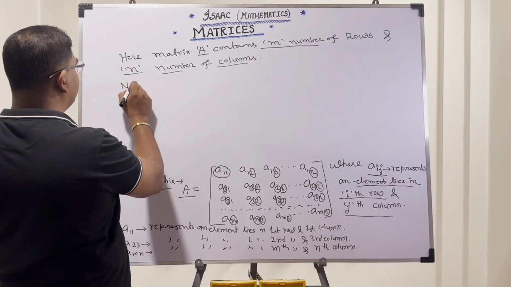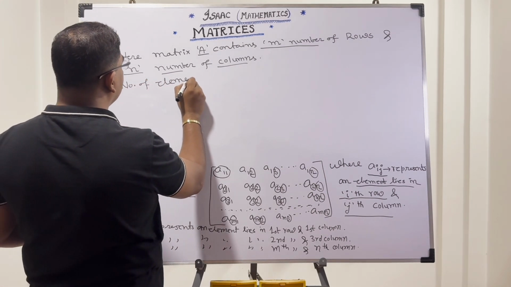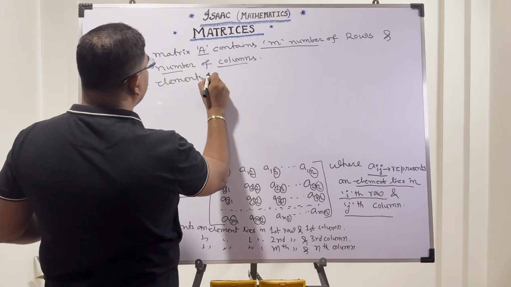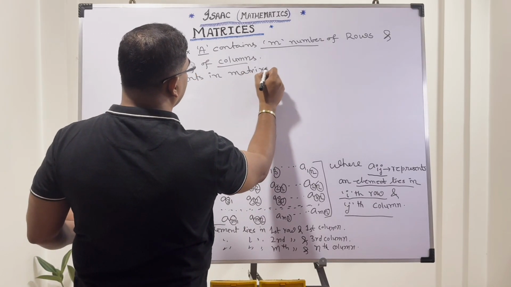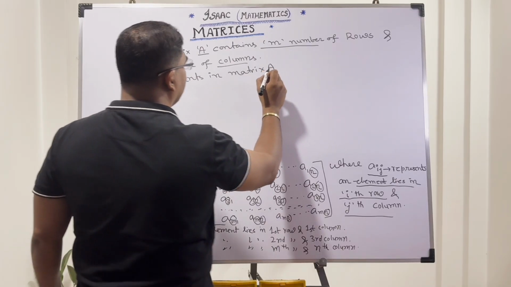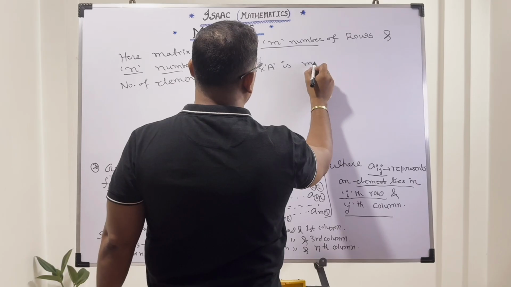Number of elements in matrix A is m into n.